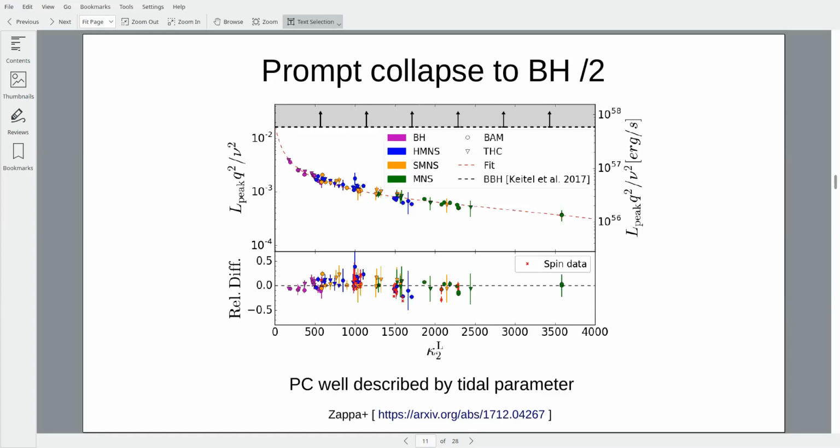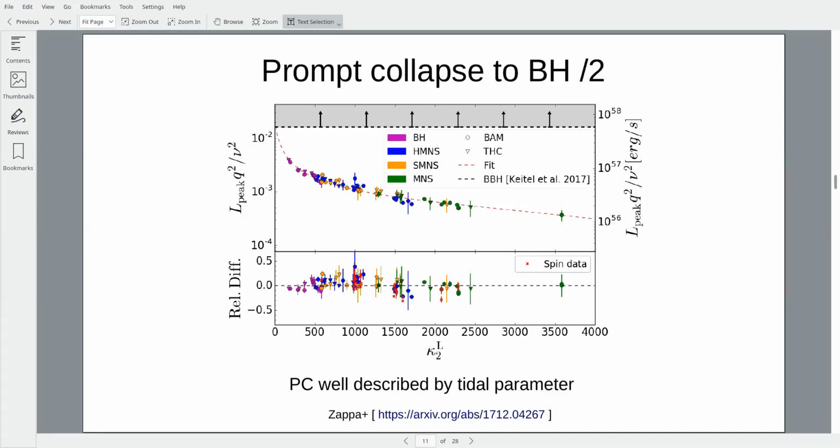The second piece of information is that the purple simulations are all simulations that produce a black hole immediately. You see that there's a sort of threshold at small values of the tidal parameter where all the purple dots accumulate, and you can easily write down a threshold by looking at this data, which is based only on the tidal parameter and the mass ratio.